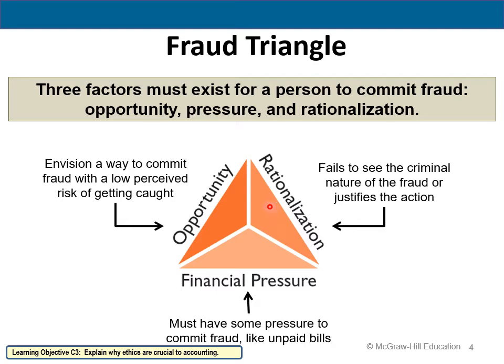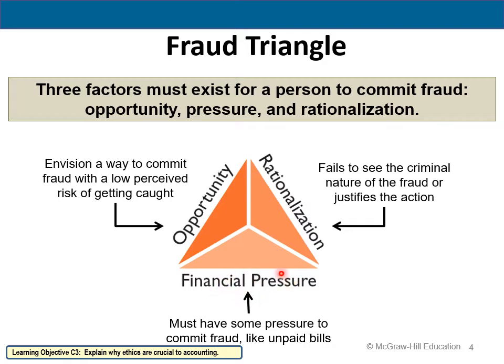All right. So what we're seeing here is the fraud triangle, which is a tool that auditors use to determine when unethical accounting decisions are more likely to be present. So there are three legs of the fraud triangle, and they are opportunity, rationalization, and financial pressure.